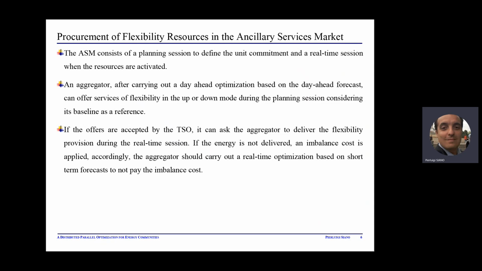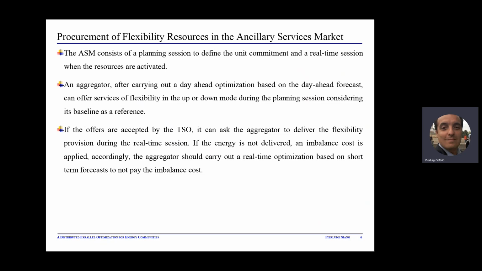Considering a pay-as-bid mechanism and a settlement period of 15 minutes, an aggregator or energy community manager, after carrying out a day-ahead optimization based on the day-ahead forecast, can offer services of flexibility in the up or down mode during the planning session, considering its baseline as a reference. If these offers are accepted by the transmission system operator, it can ask the aggregator or energy community manager to deliver the flexibility provision during the real-time session.